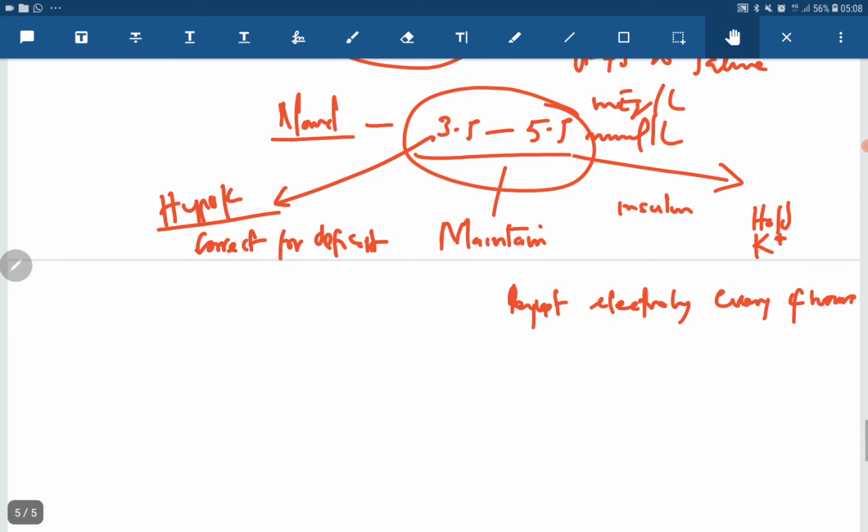To correct for the deficit, we talk about the value you want to correct in millimole.